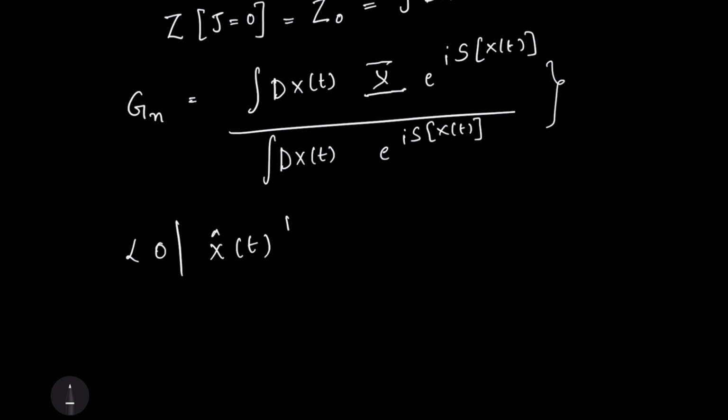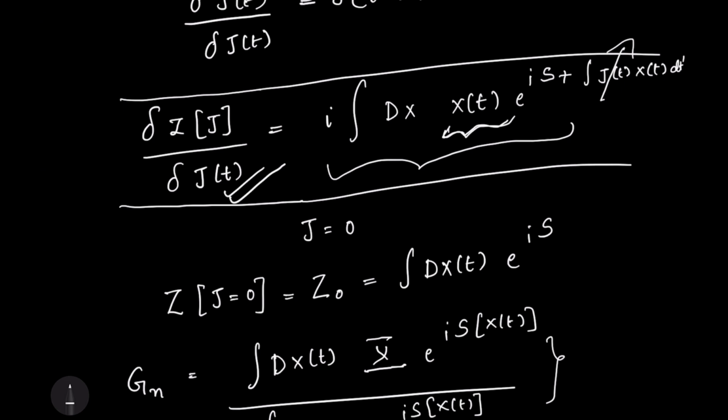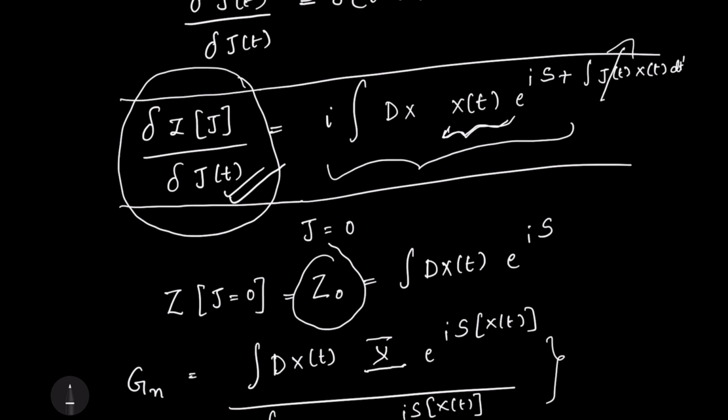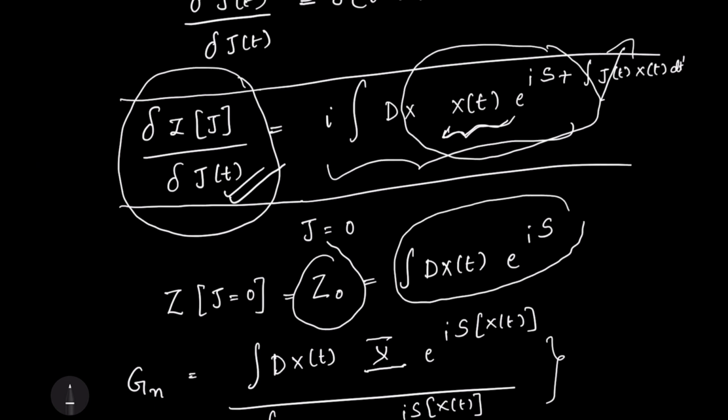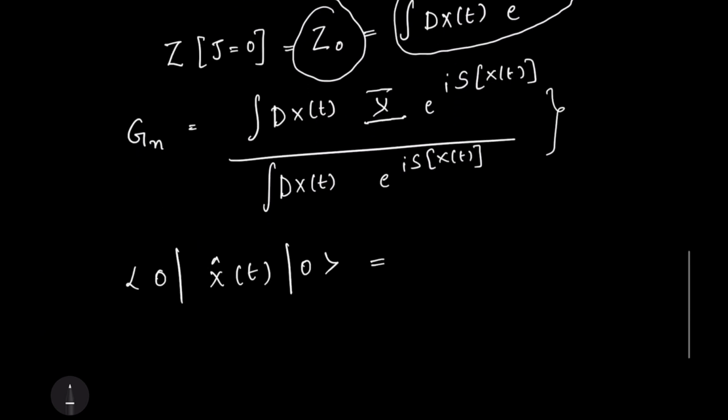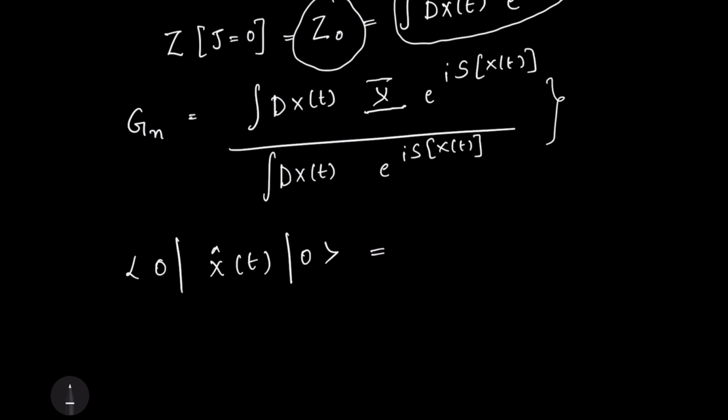We have taken the derivative here, and this is divided by z0. On the right-hand side you can see integral dx, then x of t e raised to iS, divided by integral dx(t) e raised to iS. If I divide these two, then I will get the 1-point function.